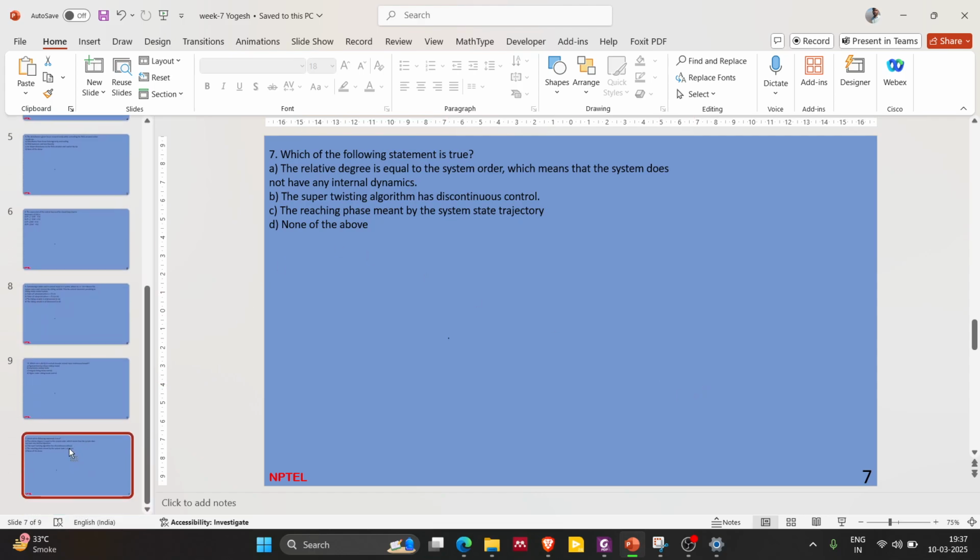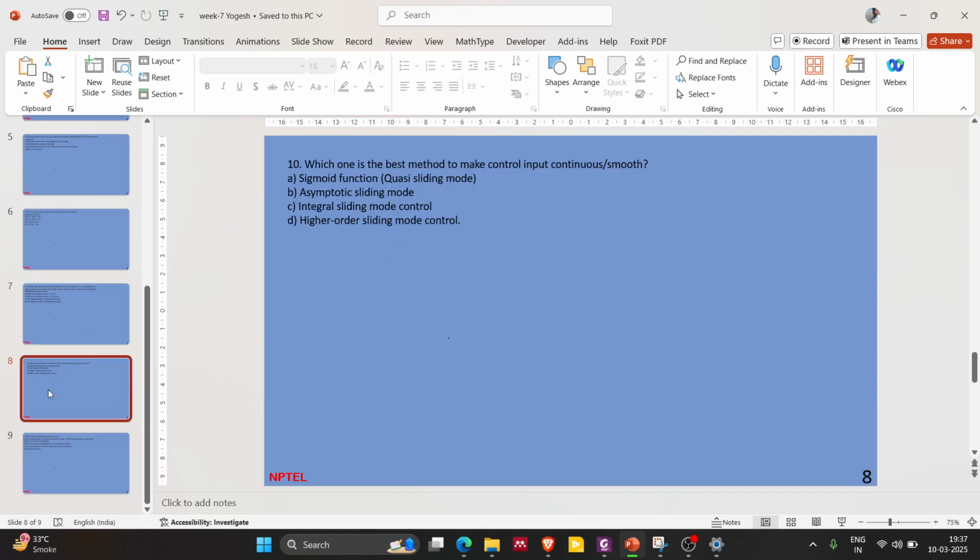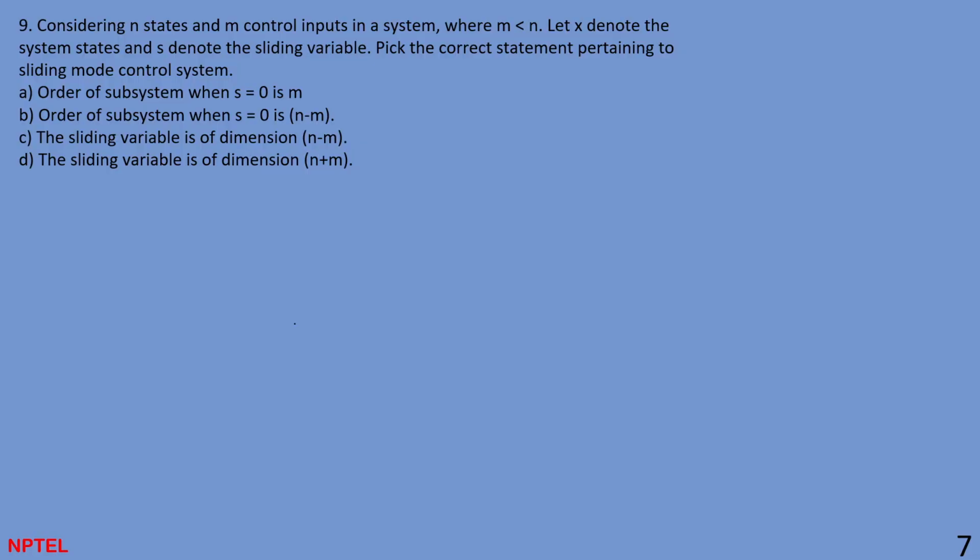I think we can leave this question for the last part. This question is a bit more interesting. So consider n states and m control inputs in a system where m is less than n.